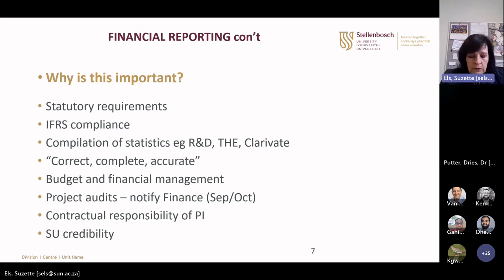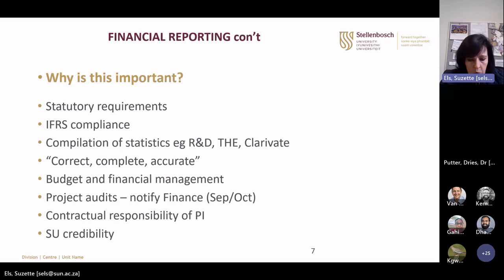You will always see that when I do a financial report, at the end, I will ask the researcher to give a statement that the transactions and allocations are correct, complete, accurate.